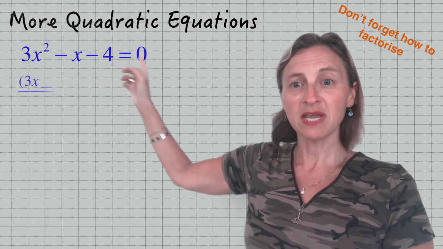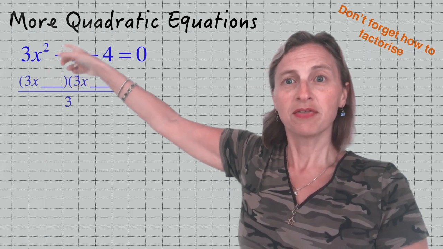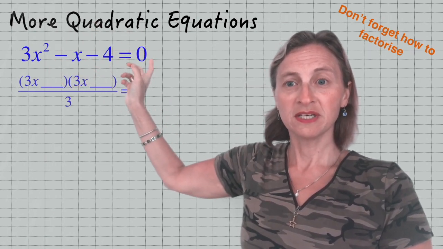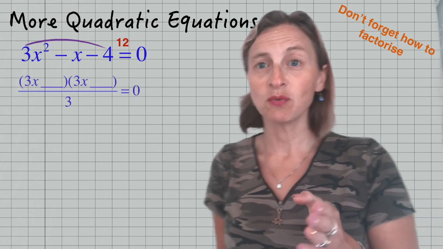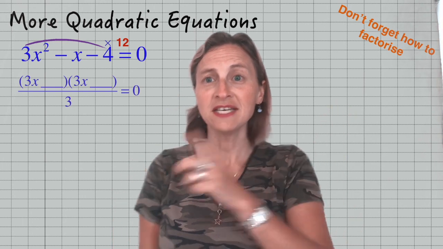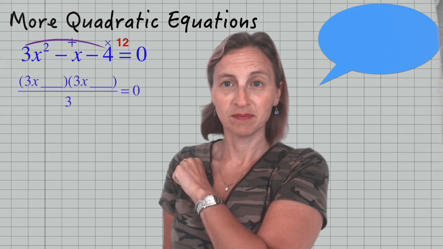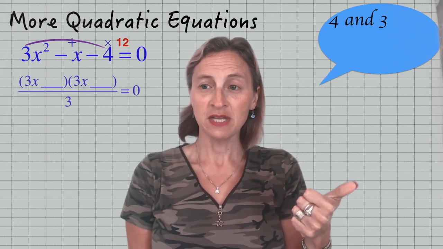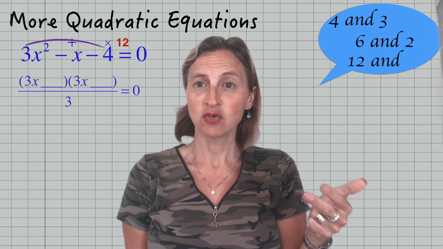So we set it up, 3x all over 3, and then we need to multiply 3 by 4 to get 12. Now we need to think of the factors of 12. What two numbers multiply to give 12 and add to give minus 1, the number in front of the x? 4 and 3, 6 and 2, and 12 and 1.